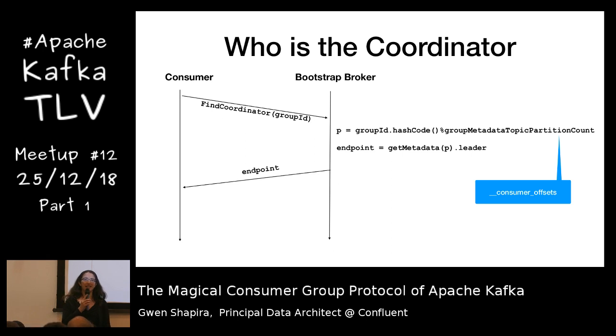The broker takes X, hashes it, divides it by the number of partitions in the consumer offset topic, which is usually 50, and then it comes up with a partition number. It looks for the current leader of that partition. That's what gives the coordinator high availability. The broker that is the current leader of your consumer offset partition is your coordinator, and that's the endpoint that comes back. It basically tells you to connect to broker X.